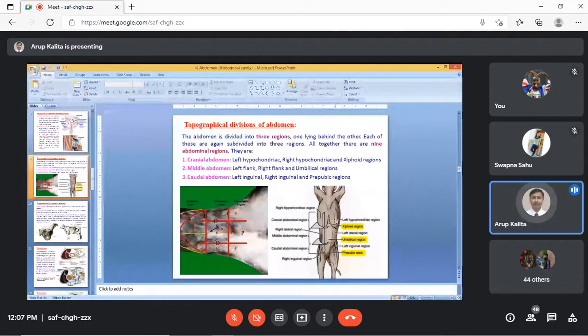This dotted line is from the point of elbow to the point of stifle. Now the middle abdomen is divided into three parts. This is the right flank, this is the left flank, this is umbilical. And the caudal abdomen is again divided into three parts.